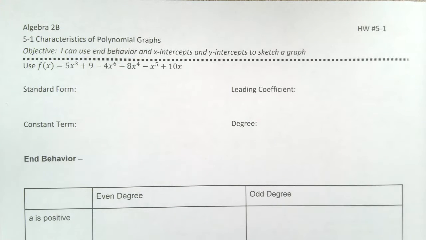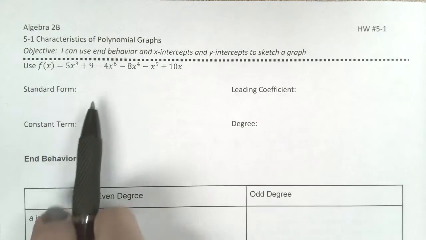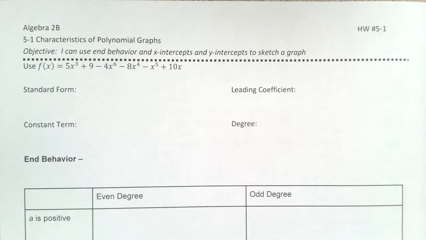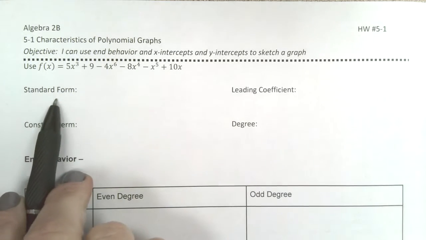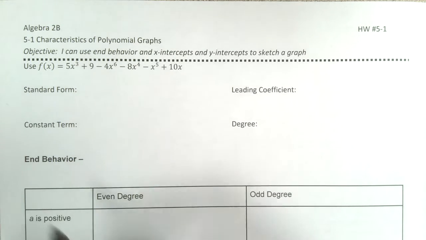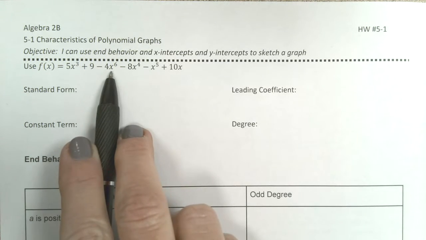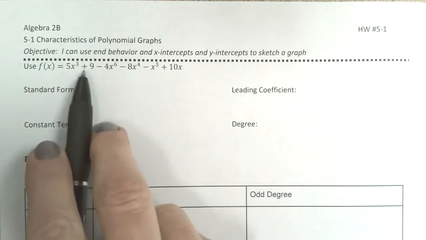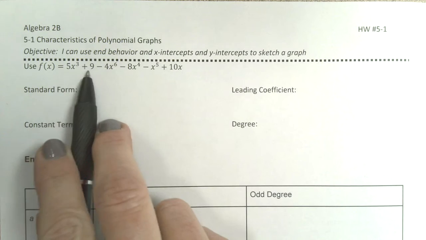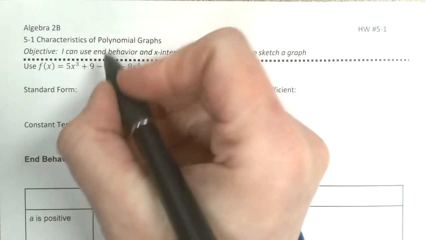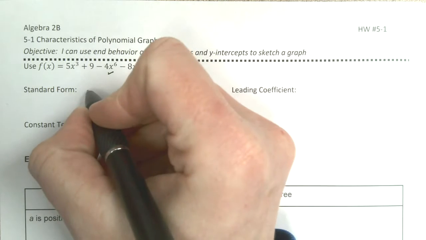All right, so now we're going to get some vocabulary down for polynomials. Before we can tell what a polynomial graph is going to look like, a couple important things. It's got to be in standard form. Standard form means it goes biggest exponent to smallest. So I'm looking through here for my biggest exponent. That x to the 6 is the biggest one.